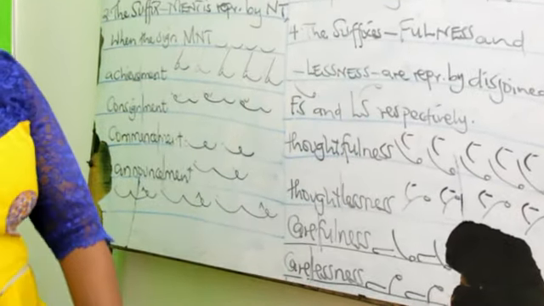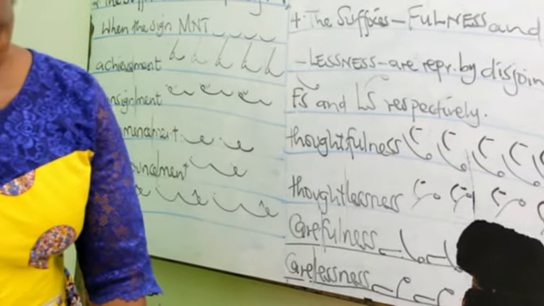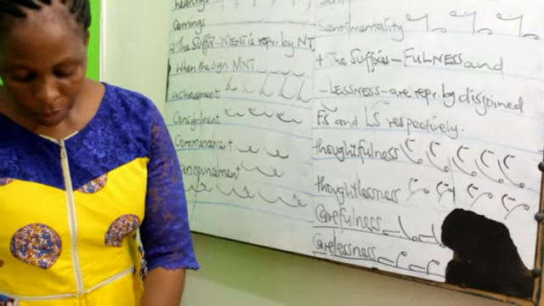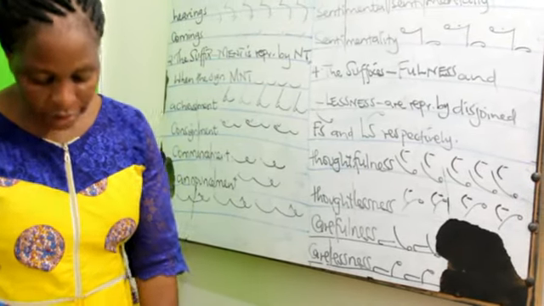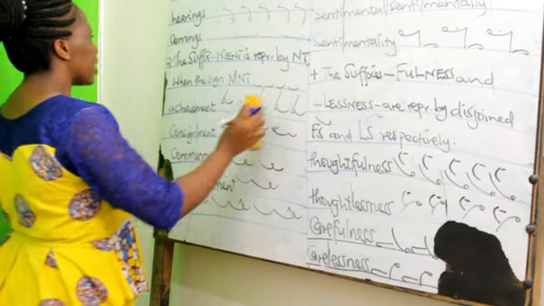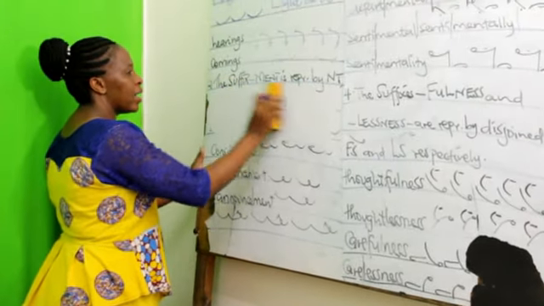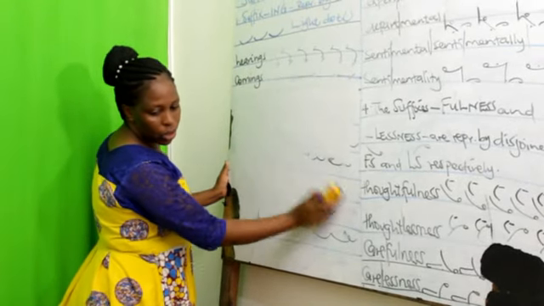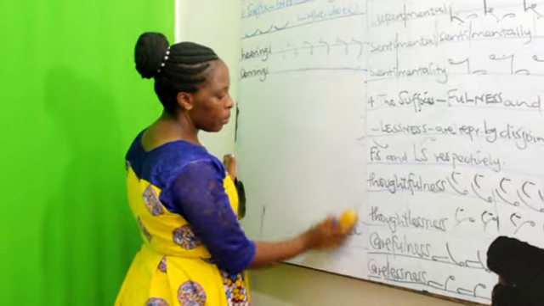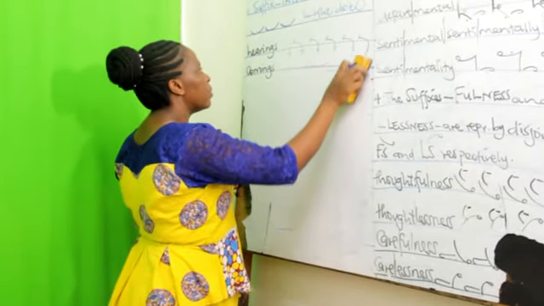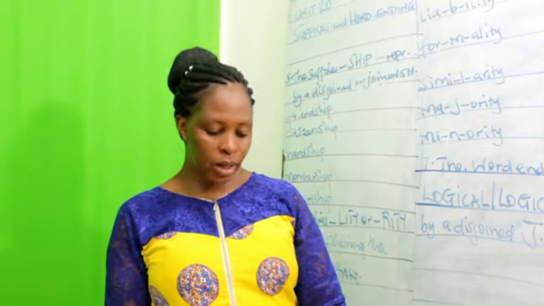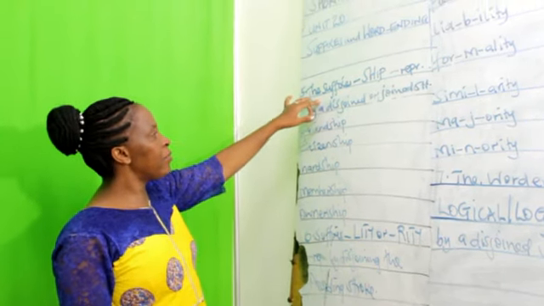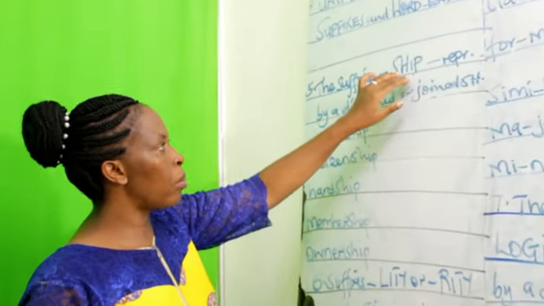And then we are going to look at another suffix. Before we go to the reading and writing practice, we have suffix number 5, which is ship.